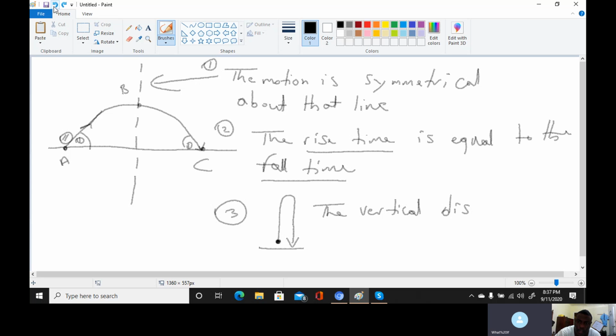The ball leaves the ground and goes back to the ground. What do you think the vertical displacement will be based on what we did in CXC? Don't be afraid to guess.